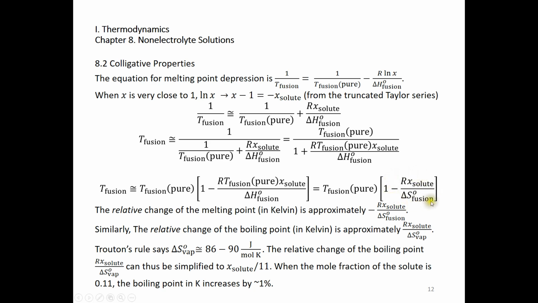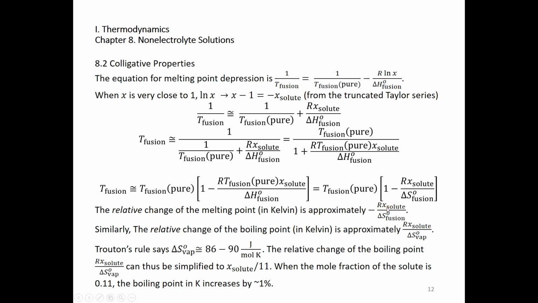And over here, you're looking at the relative change of the melting point. The relative change of the melting point is negative R times the mole fraction of the solute, the foreign substance, divided by the standard entropy of fusion of the solvent. Again, the relative change is approximately this. So this is proportional to x solute.